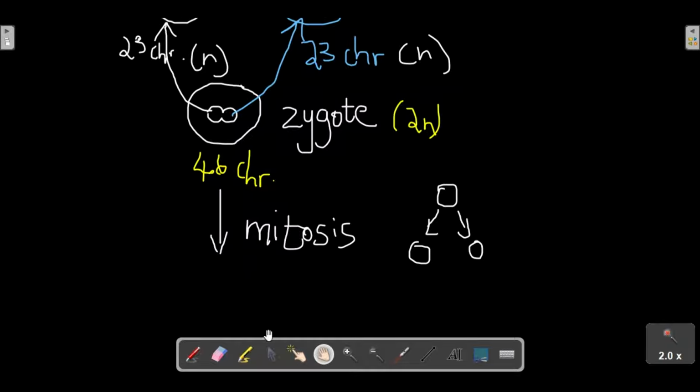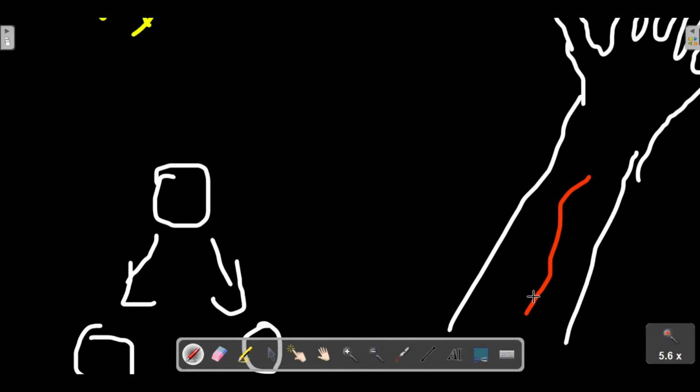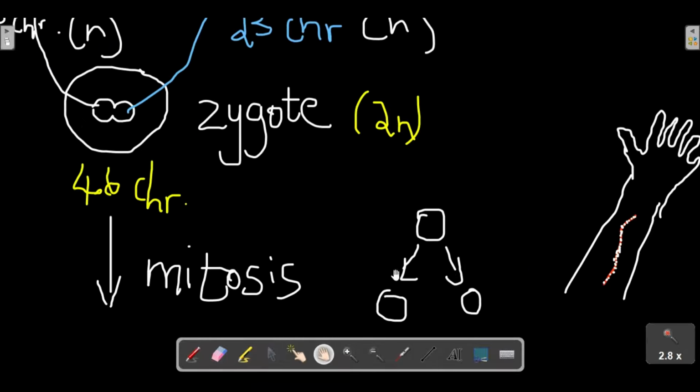So when you have an injury, okay, so let's say that is your hand and you get injured, okay, so you get a cut there. Okay, so this means that cells along this particular cut are damaged, and so your body makes more cells via mitosis. So it multiplies. So each cell divides to form two more identical cells such that the damaged cells are replaced. That is exactly what happens here.